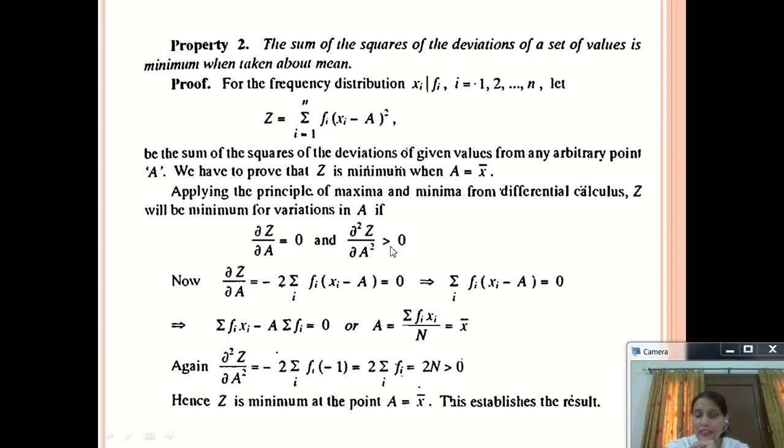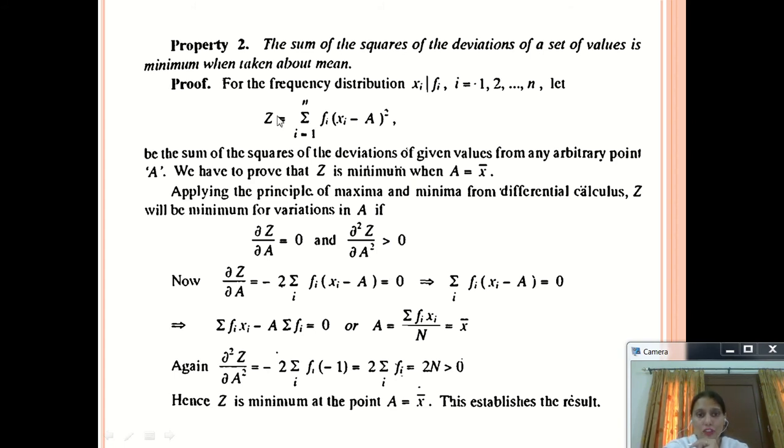If the double derivative is greater than 0, then the value will be minimum. If it is less than 0, then the value will be maximum. But we want minimum value, so we will check whether the double derivative is greater than 0.